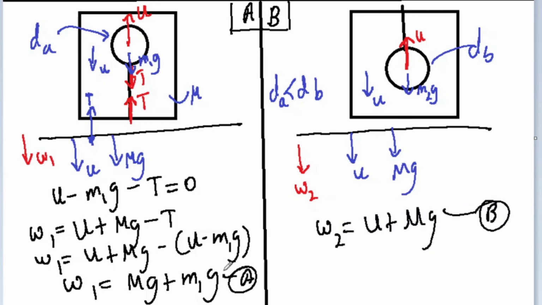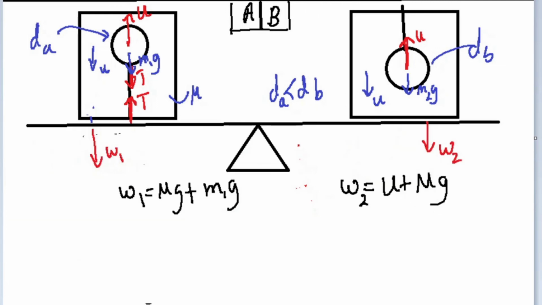So we have the two weights that act on the two sides of the surface. So what we need to do now is understand what's the difference between these two forces. You can see that Mg is the same for both, the same magnitude, but the difference is here it's U and here it's m1g.